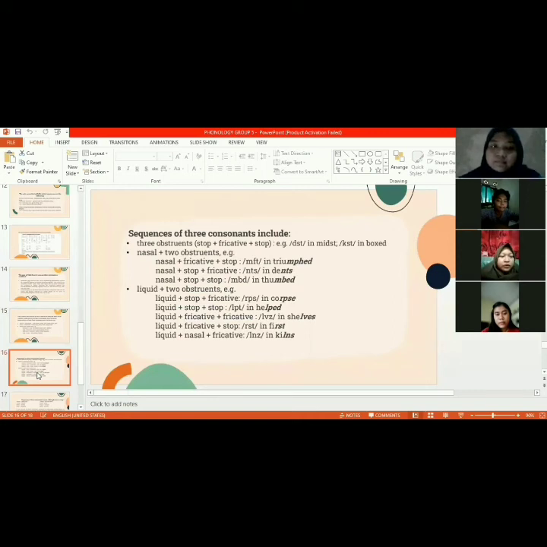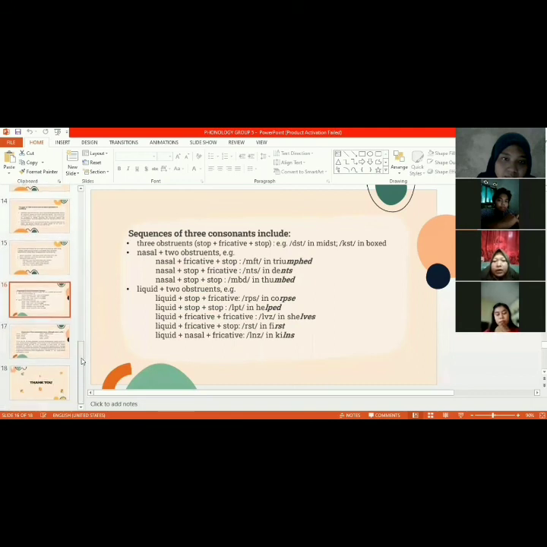The sequence of consonants in the final position consonant cluster. A sequence of three consonants includes: in English, the longest possible initial cluster is three consonants, as in split, straddle, strength, and squirrel, all beginning with S, containing P, T, or K, and ending with L, R, or W. The longest possible final cluster is five consonants, like in the slide: liquid plus two obstruents.